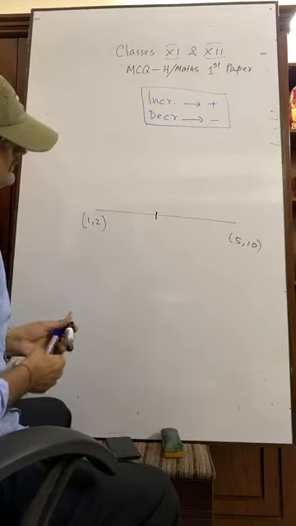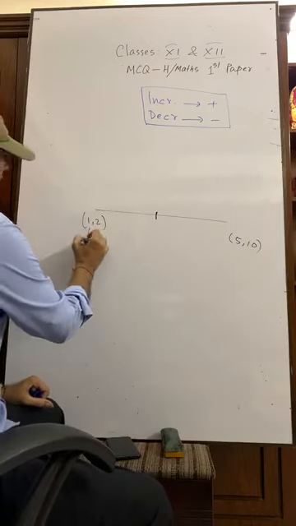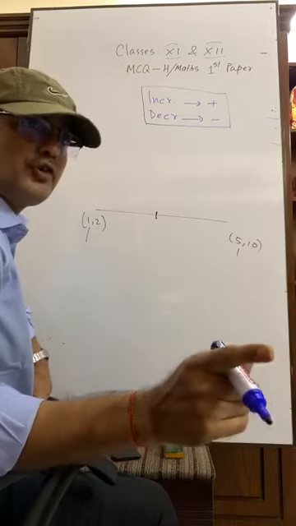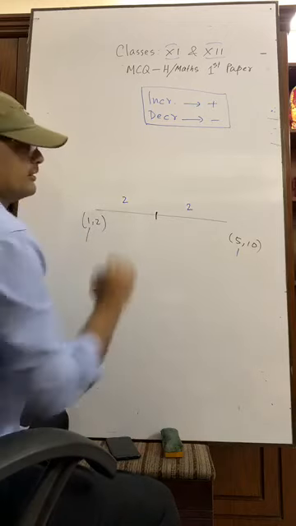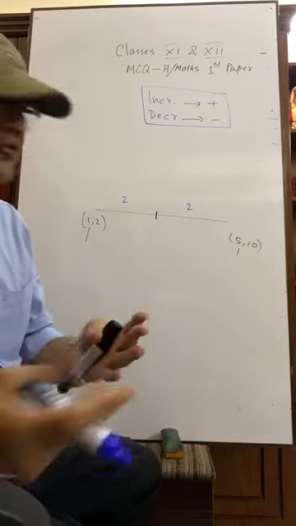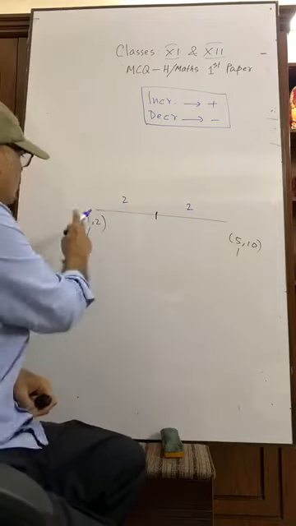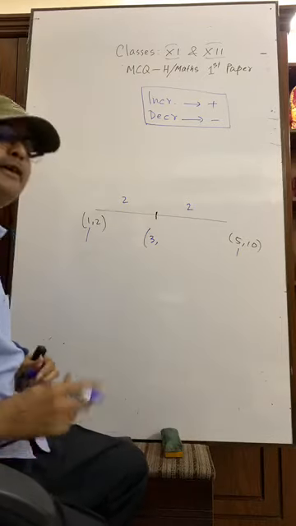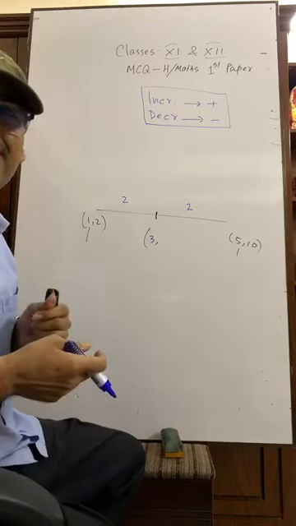This is 1 and this is 5. What is the difference? It is 4, not minus 4, it is 4. It is equally divided. That means it is 2 unit, it is 2 unit. You understand? 5 minus 1 equals to 4. So this is the midpoint. So 1 plus 2 equals to 3. Interesting fact, 3 plus 2 equals to 5. Have you seen? Okay, good.